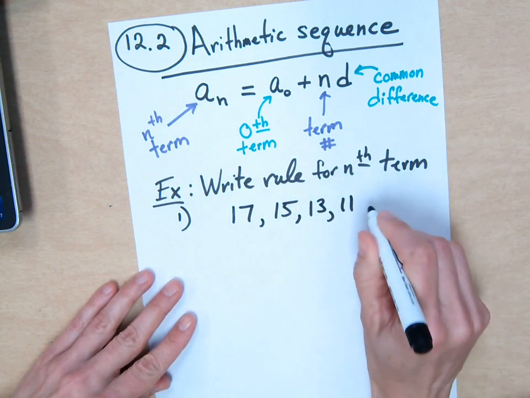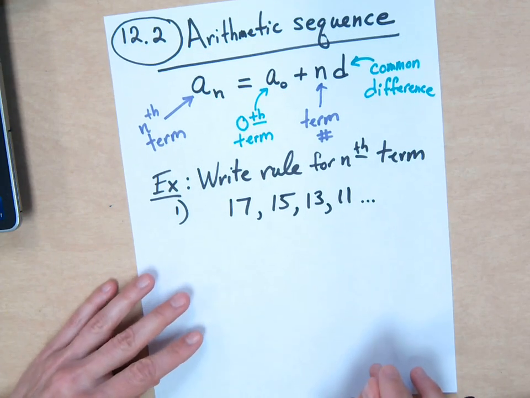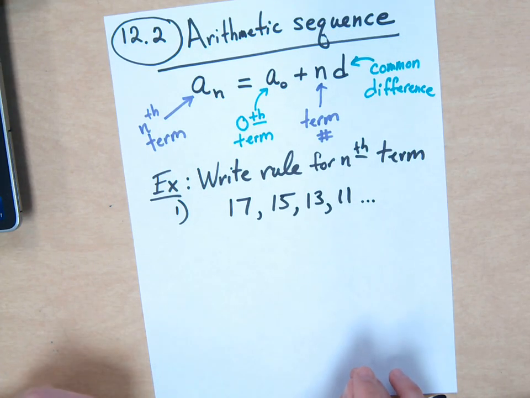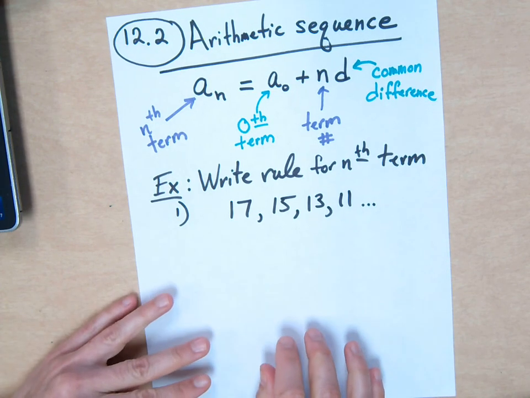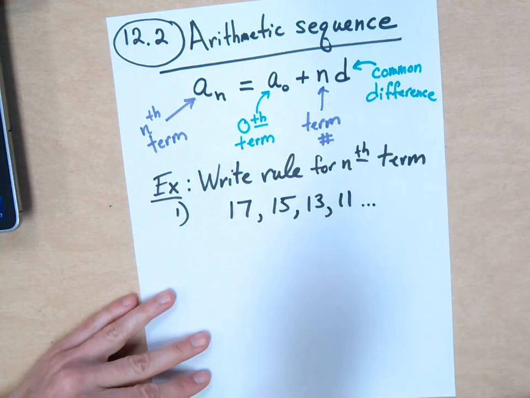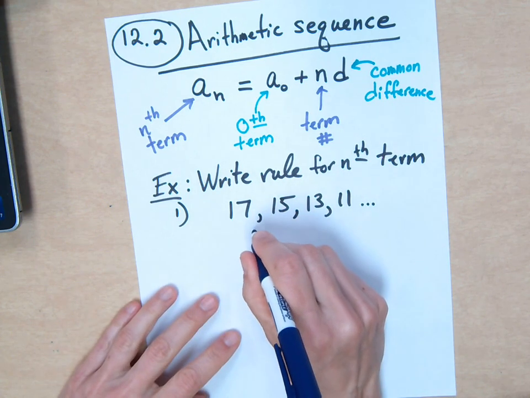This is something I'm going to quiz you on that I want 97% of us to get right again. Okay. So what we need to find the rule is the 0th term and the common difference. All right. So what's the common difference? -2. Yeah.